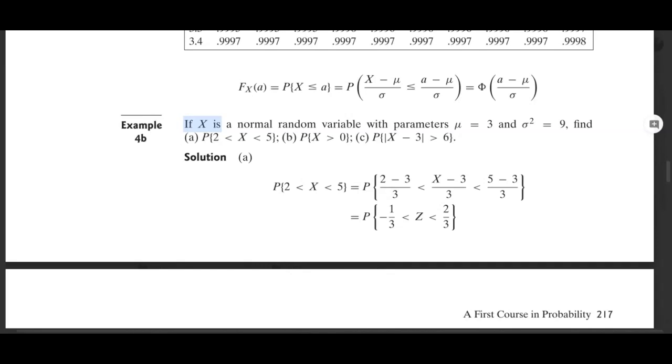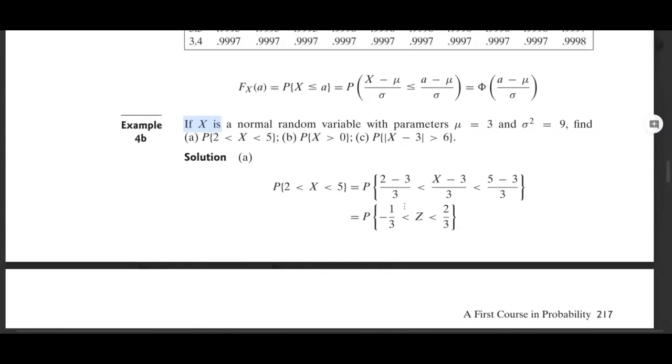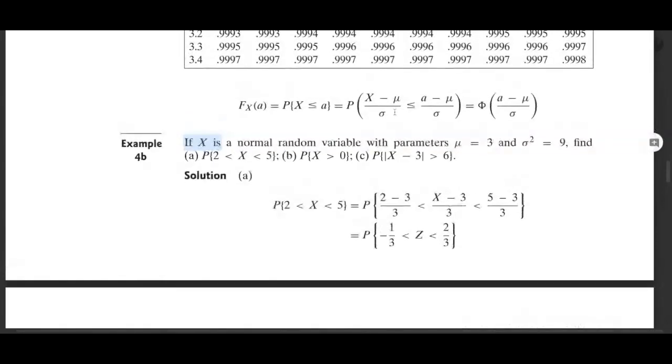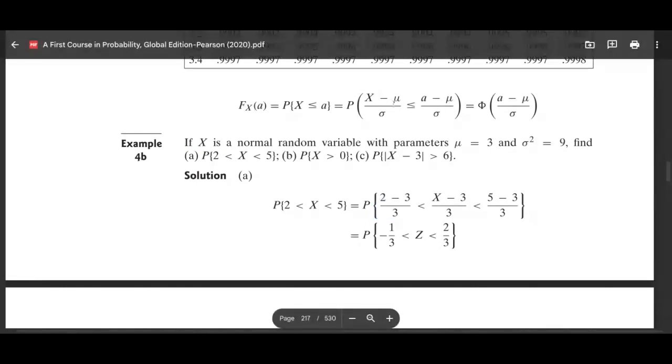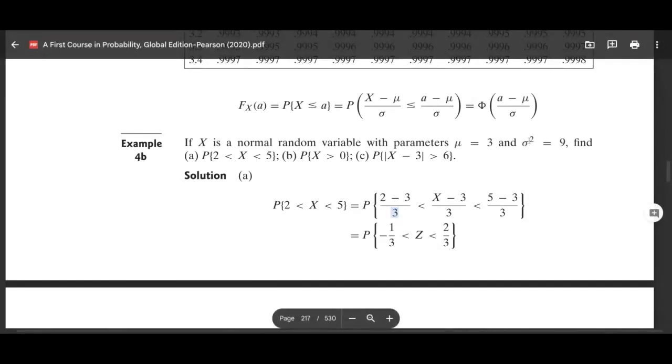So the first one, X goes from 2 to 5. Right, we just use this: greater than 2, less than 5. So 2 minus mu divided by sigma, because sigma squared is 9, so sigma is 3.